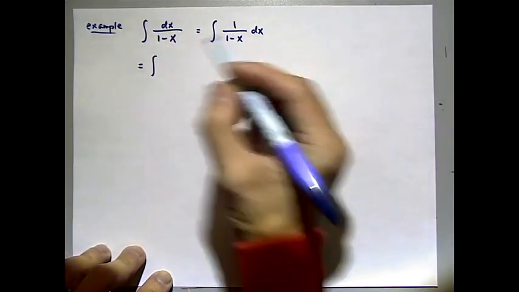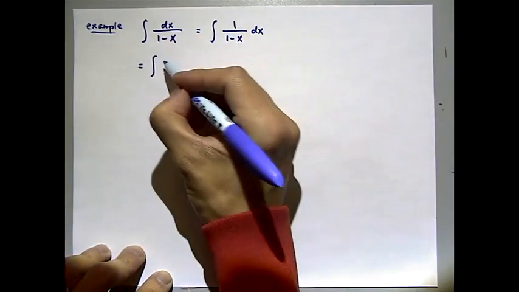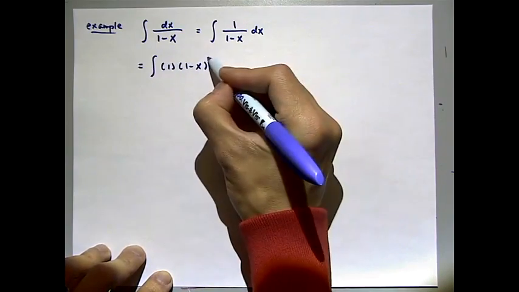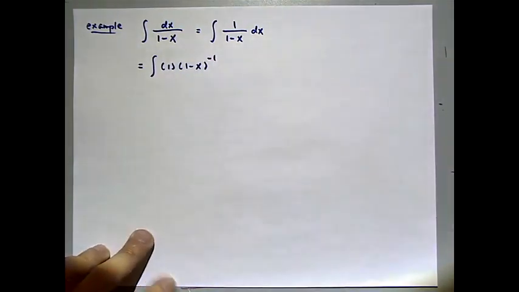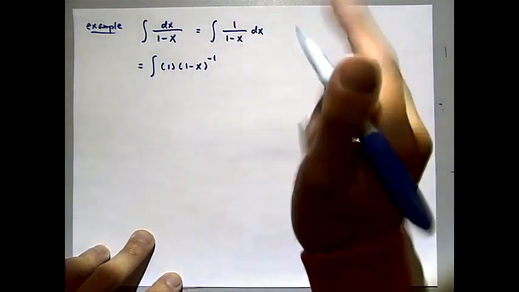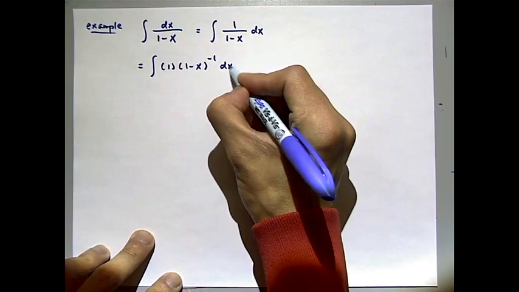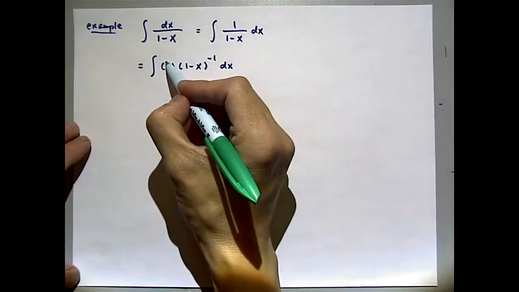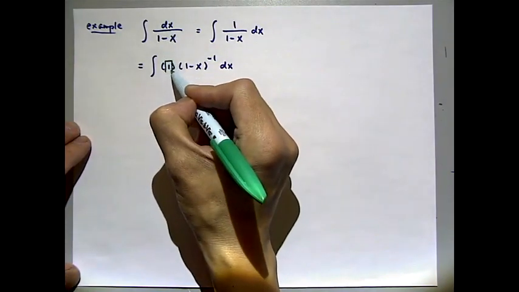So one way we can proceed is to think of this as the integral of the number 1 times (1 minus x) to the minus 1, as a power. And just like in the last example, we're going to look at these two parts here.